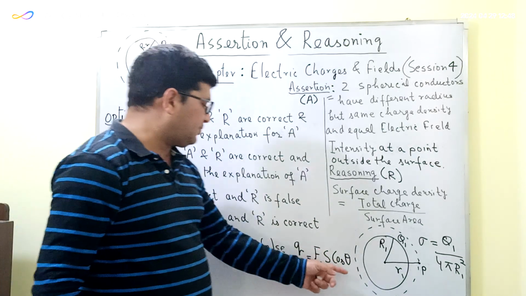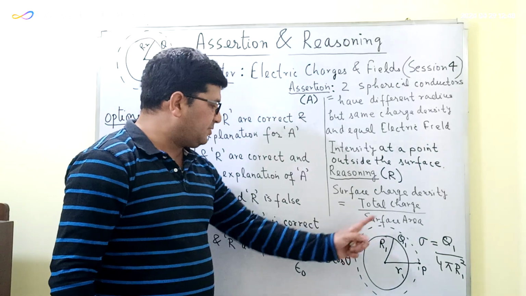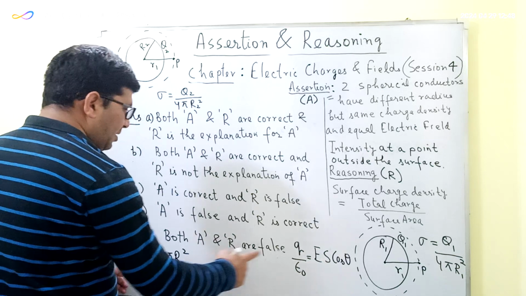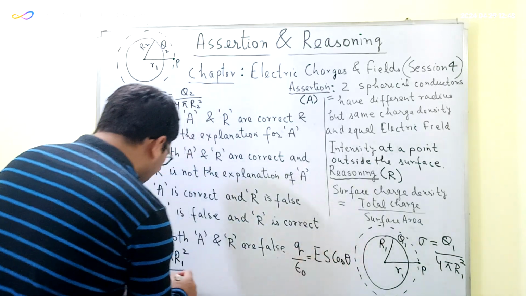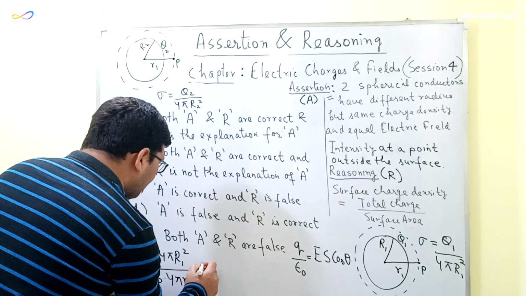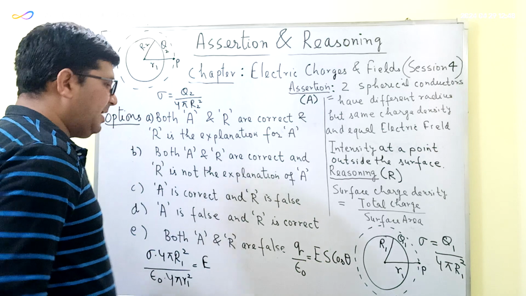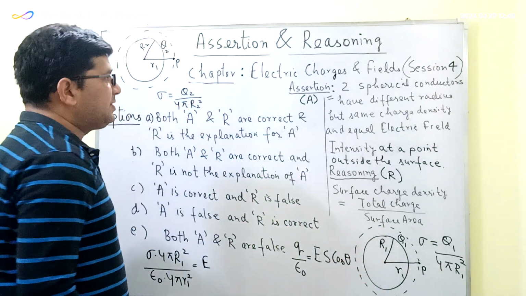Here theta is equal to 0, so cos theta is equal to 1. S is the surface area of the Gaussian surface, which is equal to 4 pi r1 square. So I will write it here, 4 pi r1 square, and this is multiplied by the value of E at this point P, which is outside this spherical conductor.